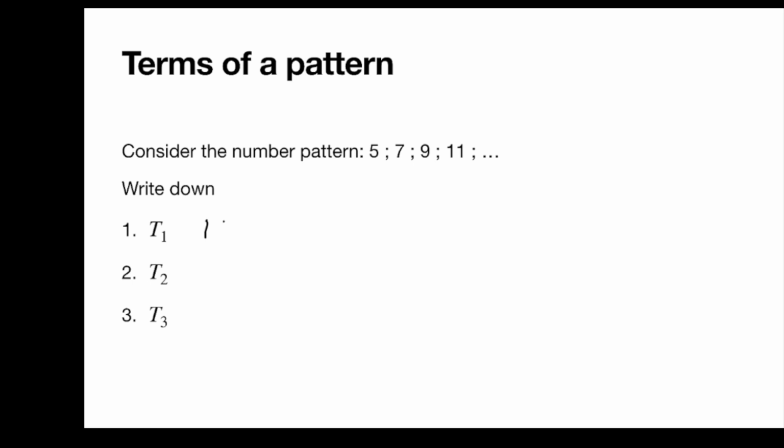The first term of the number pattern is written in short as T1. So when we say T1, we mean the first term. In this particular example, T1 should be equal to 5 because 5 is the first term.